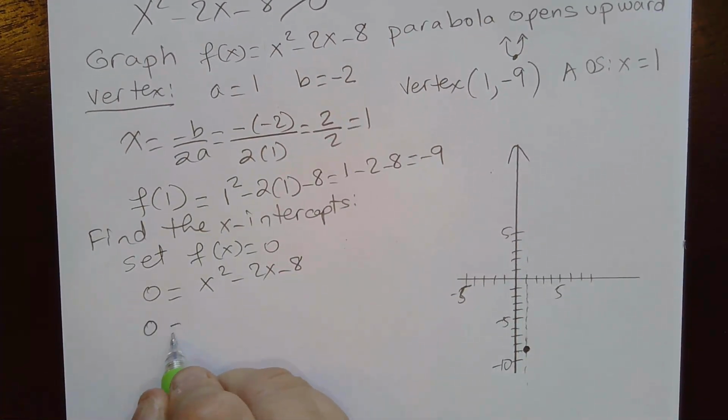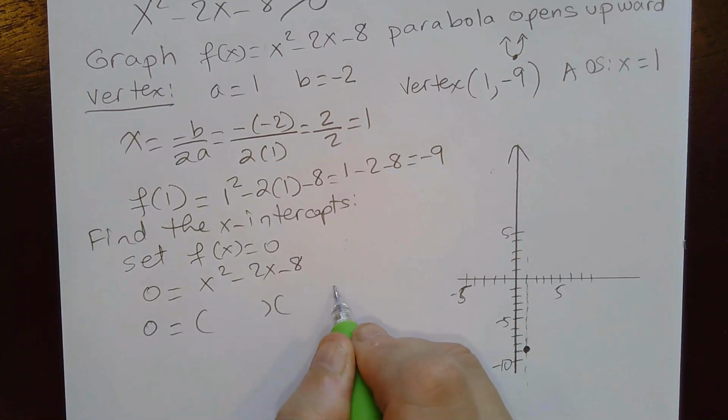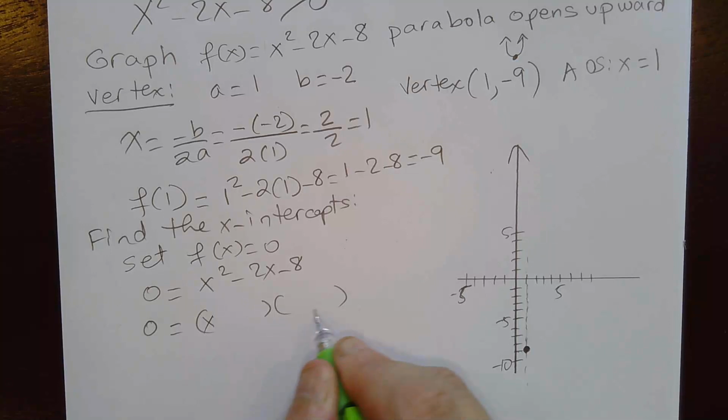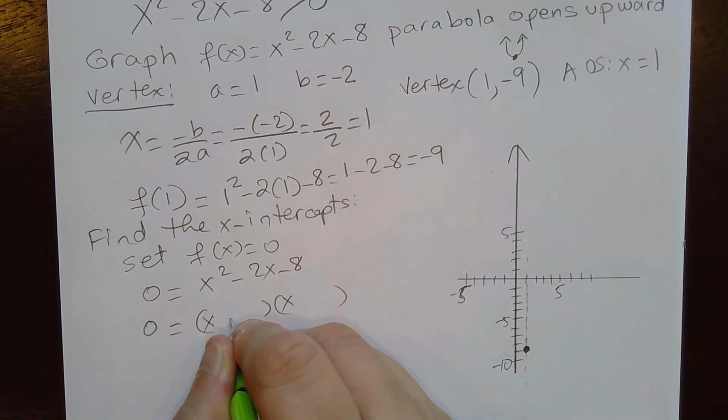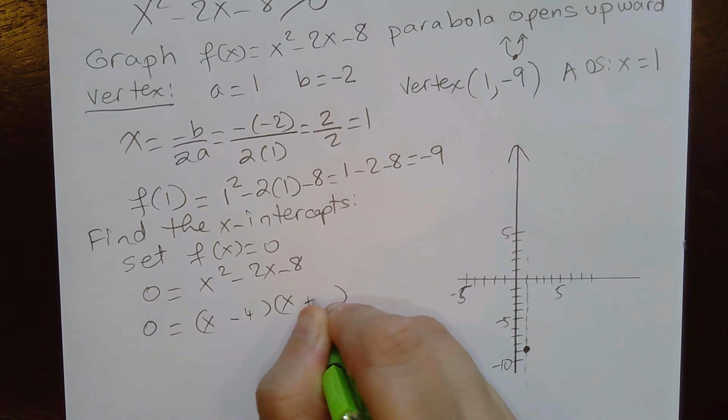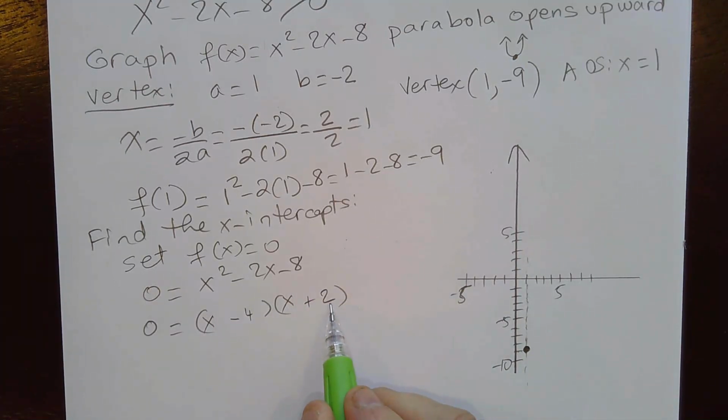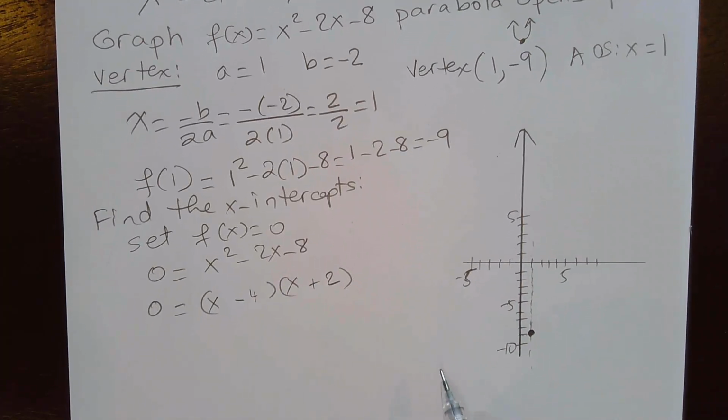Let's go ahead and solve this quadratic equation by factoring. So as you can see here, you have x and x, because we have x squared. Then we have to find two numbers whose product is negative 8 and whose sum is negative 2. So that would be negative 4 and 2, because negative 4 times 2 is negative 8, and negative 4 plus 2 is negative 2. So this is the correct factoring.